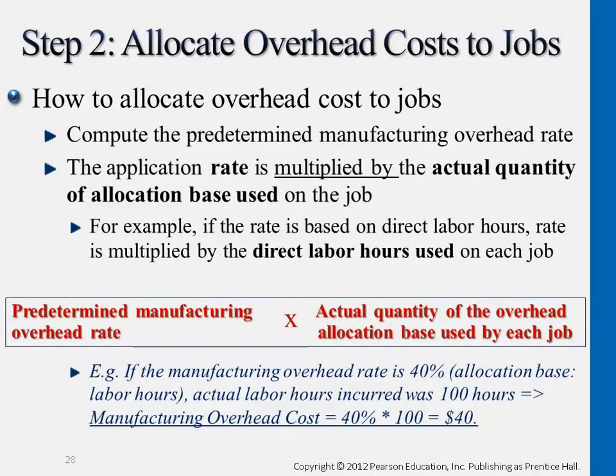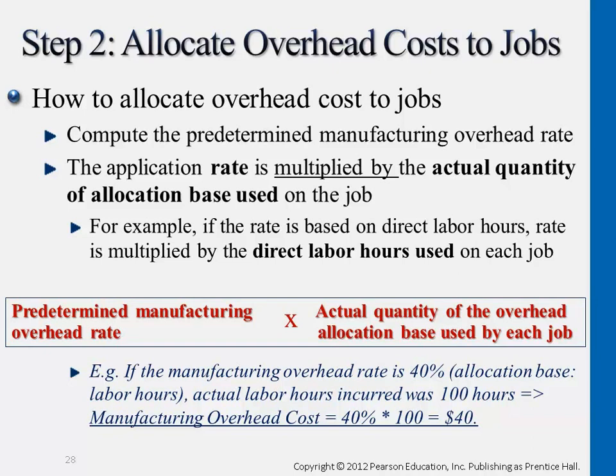This is where the 40% is. We predetermine the rate. Then we multiply by how many machine hours or labor hours. This is decided by the management level: what's the allocation base? Once we decide on that, we multiply by the actual hours used for this particular order, and that will be the indirect cost for that order.